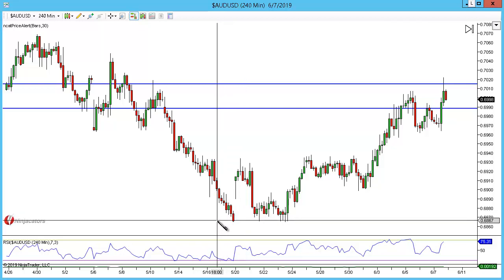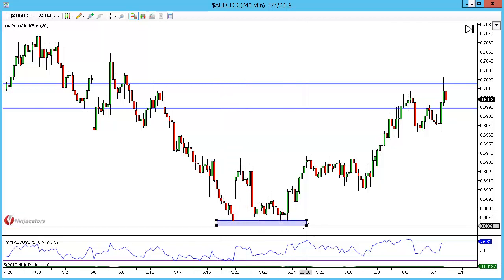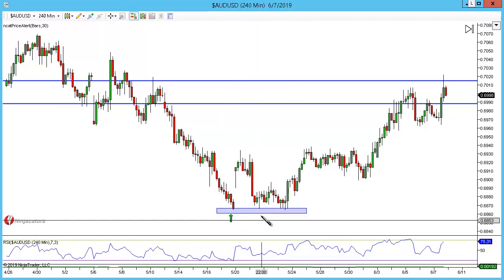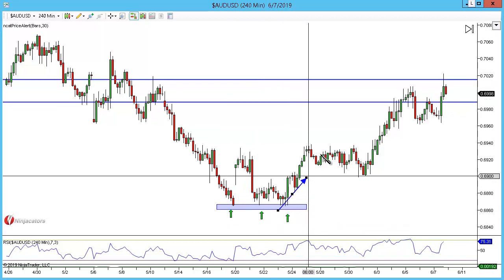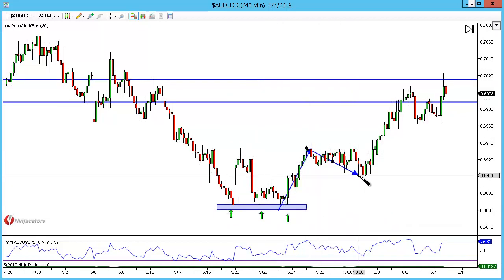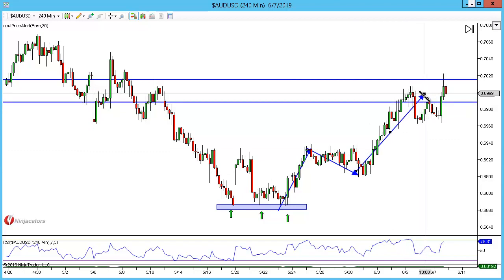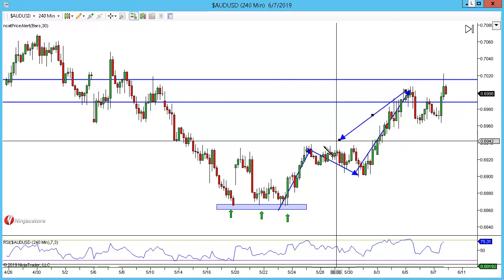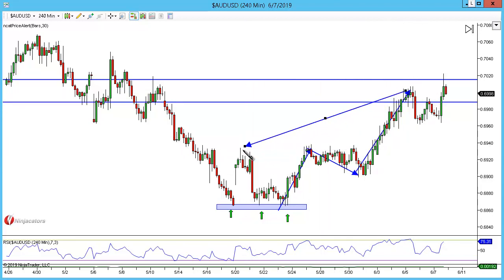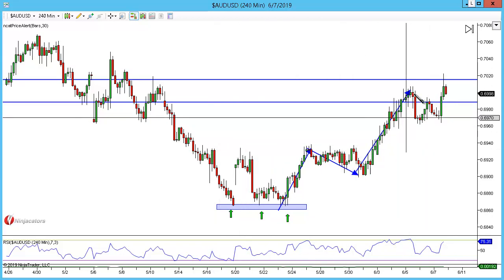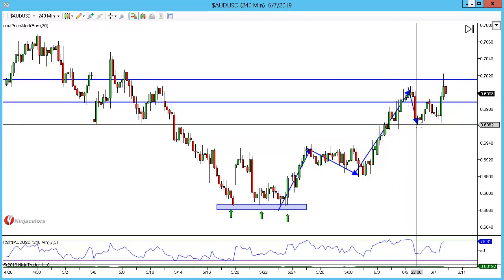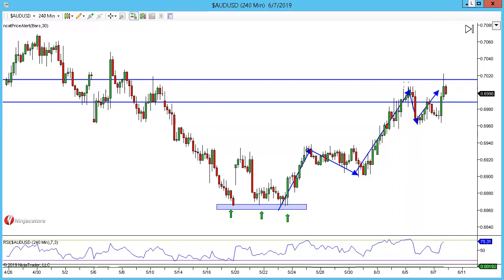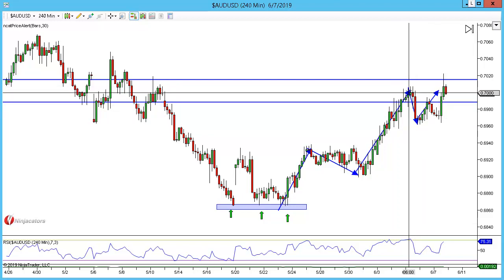And the bigger picture was that we had a triple test down here, 1, 2, 3. Since then we've had a move higher, a pullback, and then with this move higher here, this is the move that actually violated the V point of the double bottom, putting us in potential trend rotation, and then we've seen a little pullback, and now we're back up retesting this structure level.